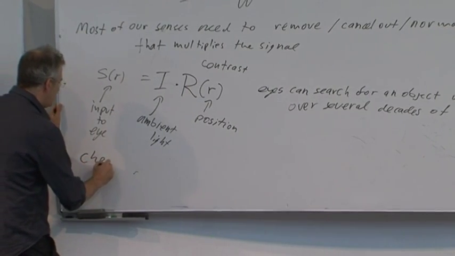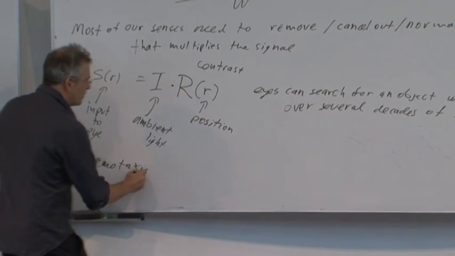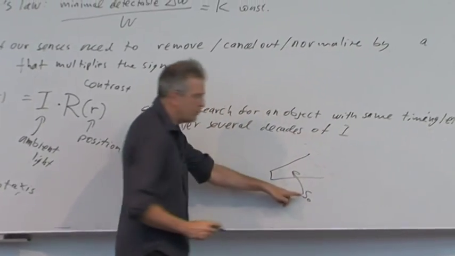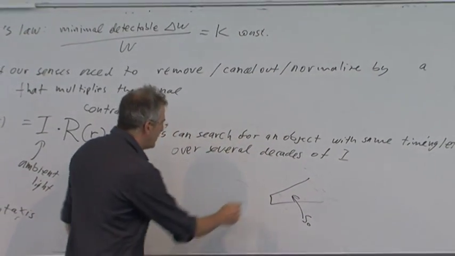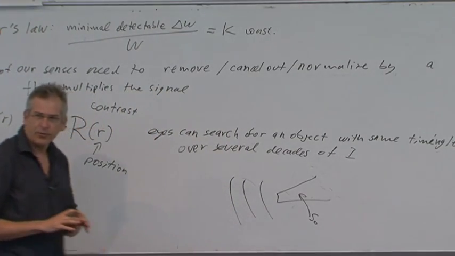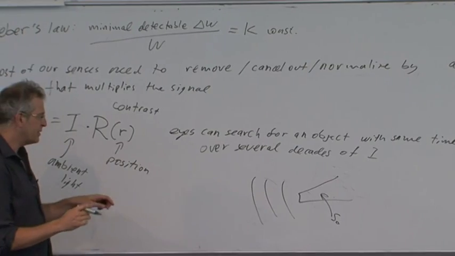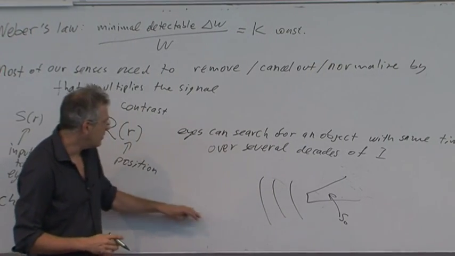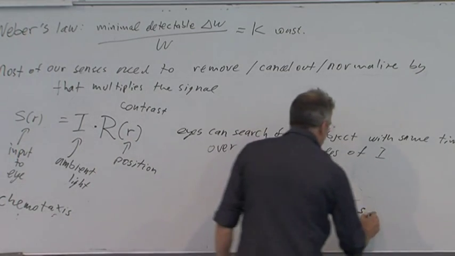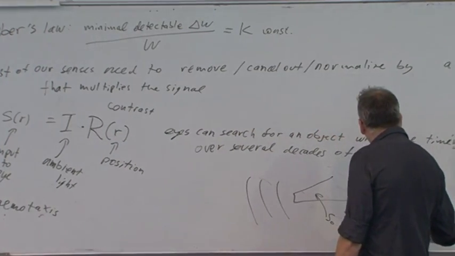Chemotaxis. If we put our pipette here with some source S0, and I ask you what the gradient of attractant is, what I'm going to say is that the attractant field is also multiplied by something. That something now is going to be the source strength.